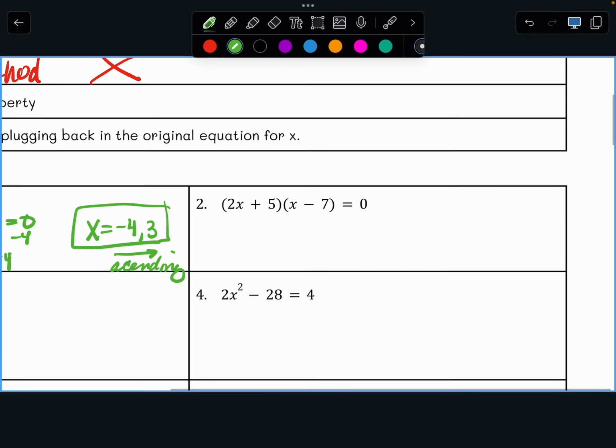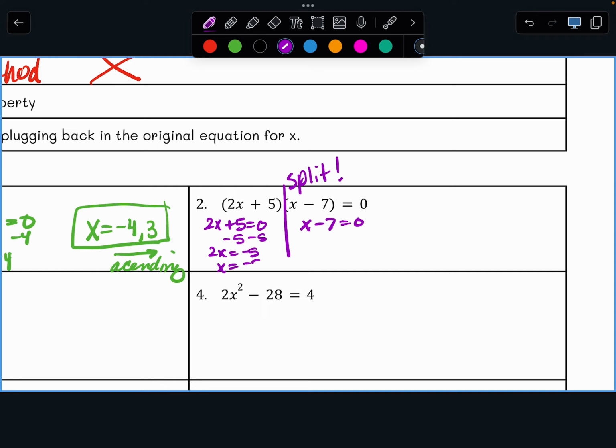For number 2, it doesn't change anything just because there are more parts of the terms. So we're still going to split it. 2x plus 5 equals 0, x minus 7 equals 0. So I'm going to subtract 5. 2x equals negative 5.